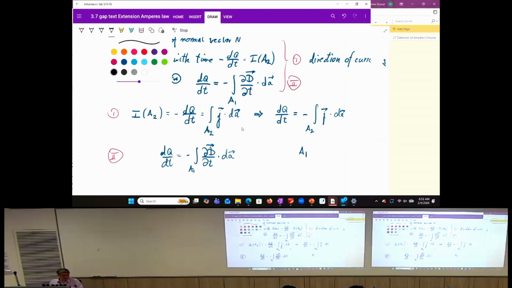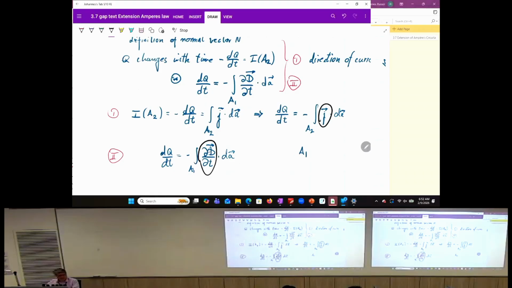You see that your change of charge with time can be caused by a current, but it can also be caused by the temporal change of your electric flux density. So either of these quantities can cause this dq by dt.